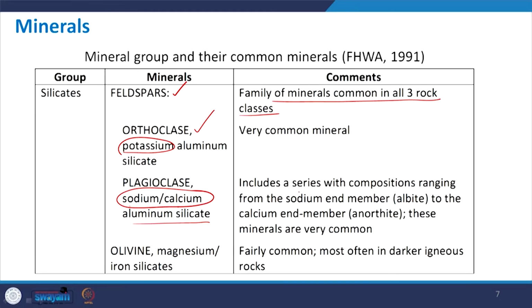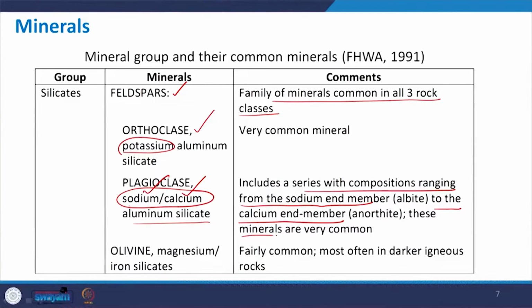This includes a series with compositions ranging from the sodium end member to the calcium end member. So you need to be careful that here I am writing sodium calcium; the composition may vary from sodium at one end to calcium at the other. These minerals are quite common.